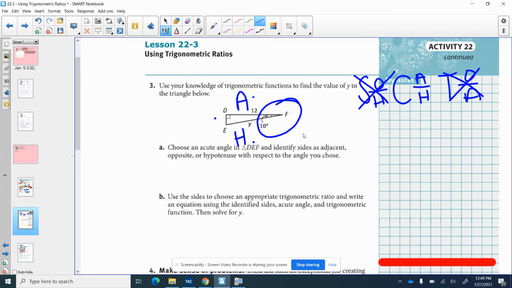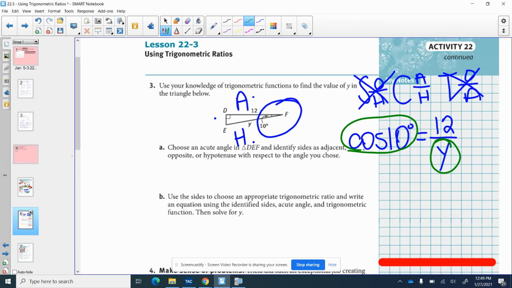Okay, so for angle F here, we would say the cosine of our angle measure, which is 10 degrees, equals the adjacent side over the hypotenuse, A over H. This is an example, since the variable's in the denominator this time, of when we're going to switch and divide.